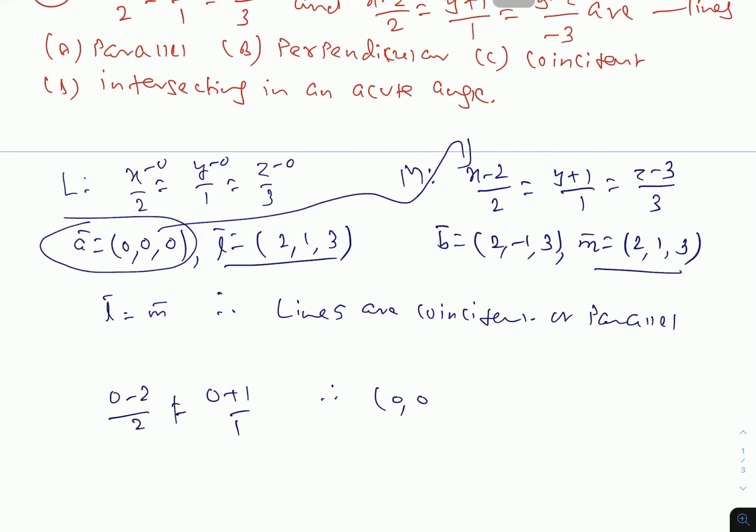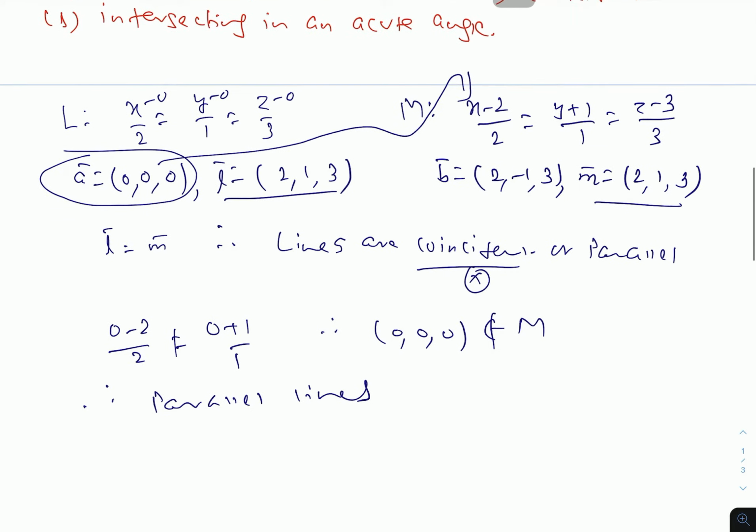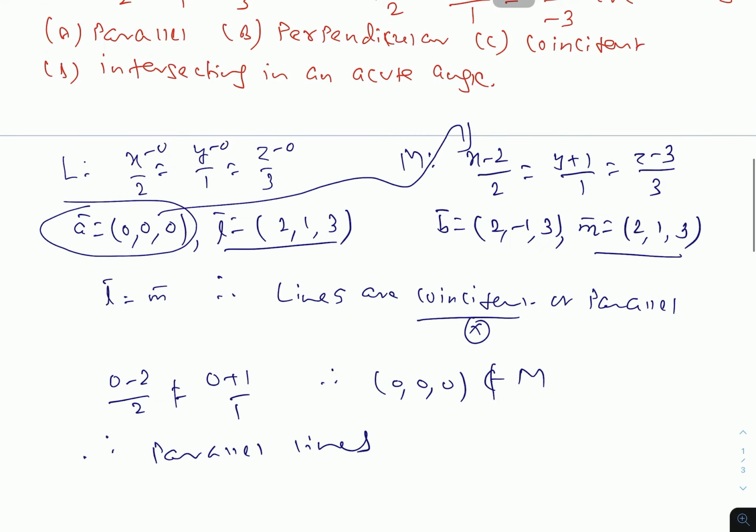That means 0 0 0 is on L but it is not on M, so they are not coincident lines. Therefore they are parallel lines, because if they were coincident then every point of L would lie on M also. Okay, so option A is the answer.